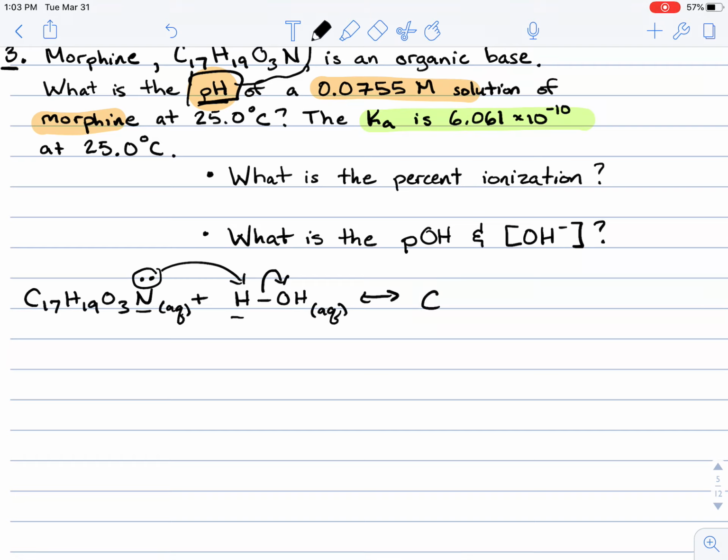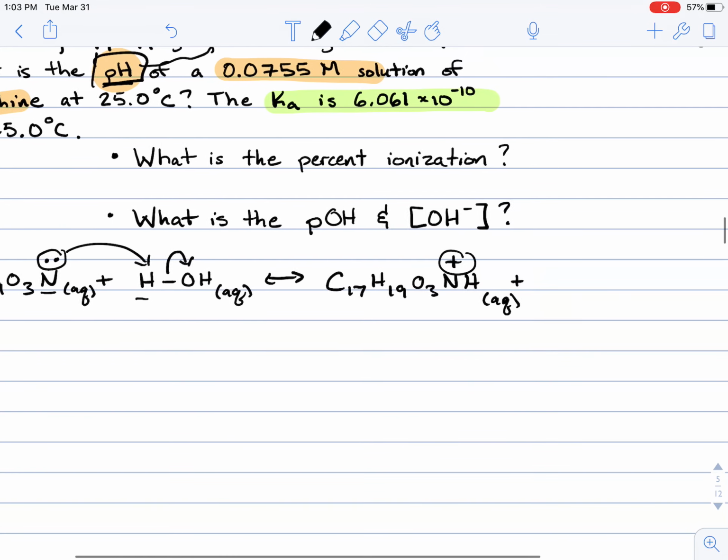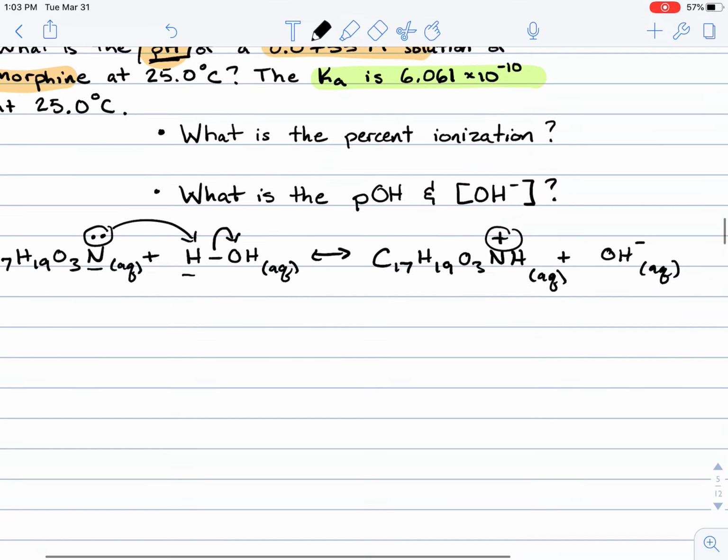So this is going to be C17H19O3NH. And since we gained a proton on the nitrogen, we need to write a plus sign. Right? Remember, protons are positive in charge. And so the last item that we get is hydroxide.